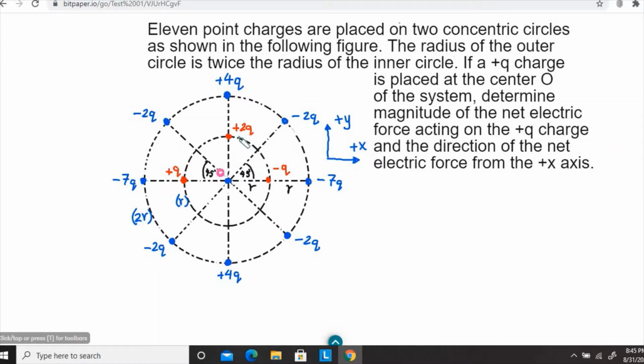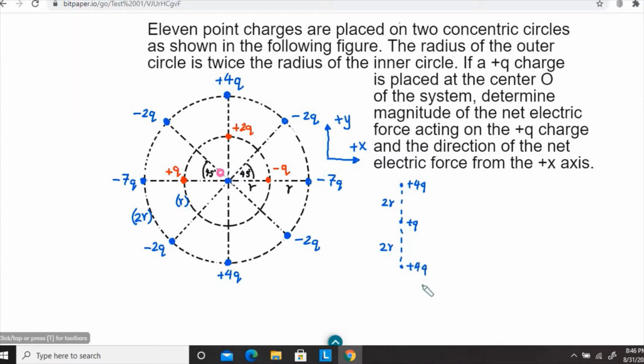Okay, so I'll just show you for one pair, because we have 1, 2, 3, 4 pairs. I'll just consider the plus 4q charges that are vertical. So this is our plus q charge at the center, and in an upward direction we have the plus 4q charge that is 2r distance away, and then the other plus 4q charge, again 2r distance in the downward direction.